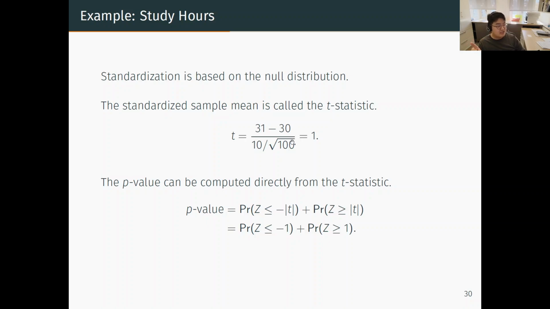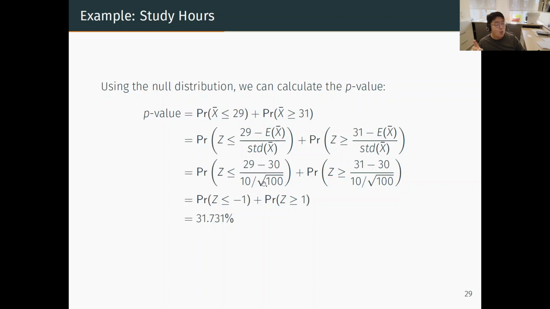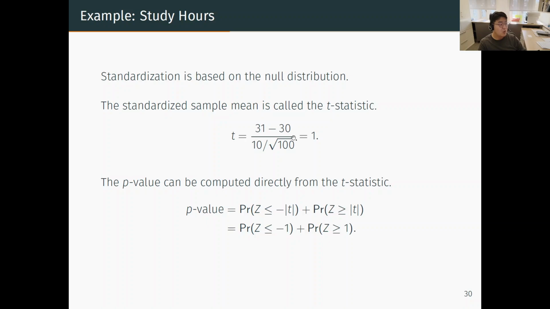In this process, it would be useful to define this standardized value. 31 is what you observed, the observed sample mean, and we standardize the sample mean using our hypothesis, the calculated standard deviation and the sample size. We call this the t-statistic, right?